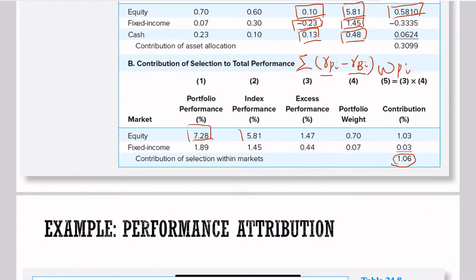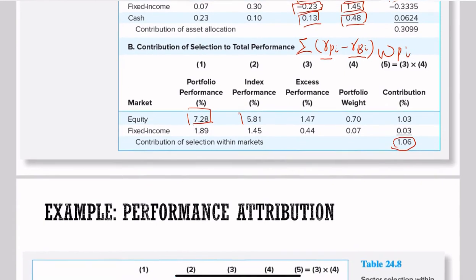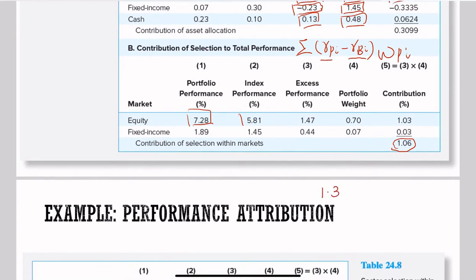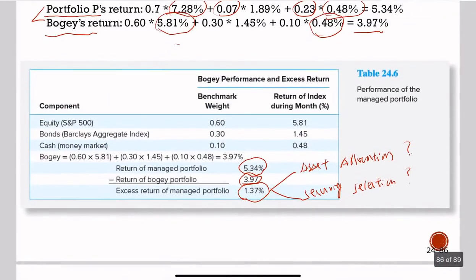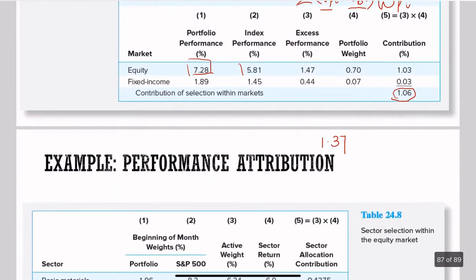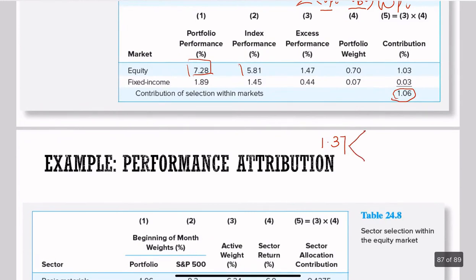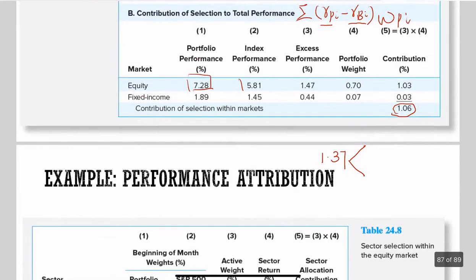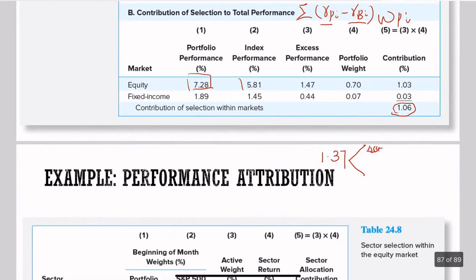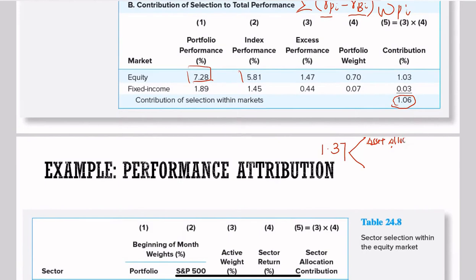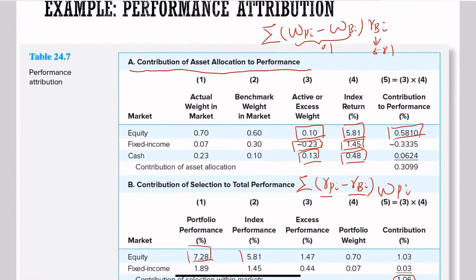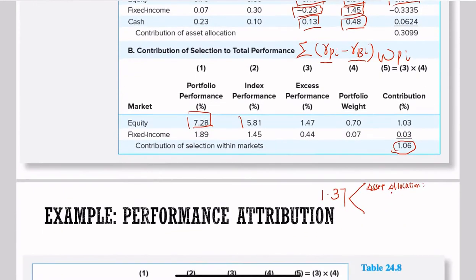So what you can see here is basically the 1.37% outperformance for portfolio P can be attributed to two components. The first one is asset allocation, right? And this accounts for 0.31%.